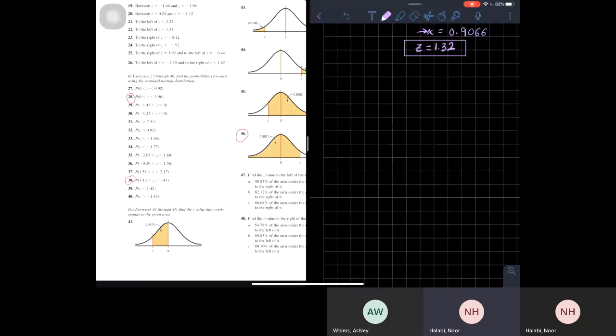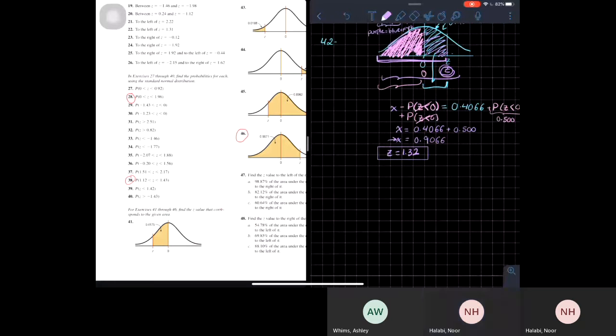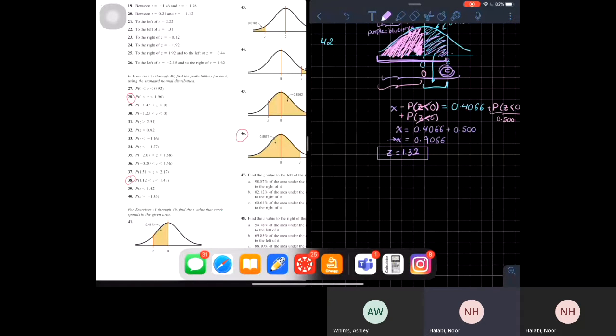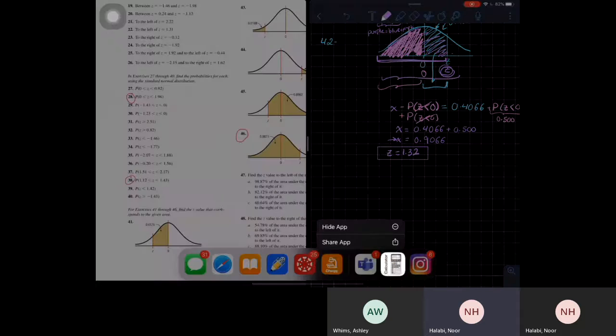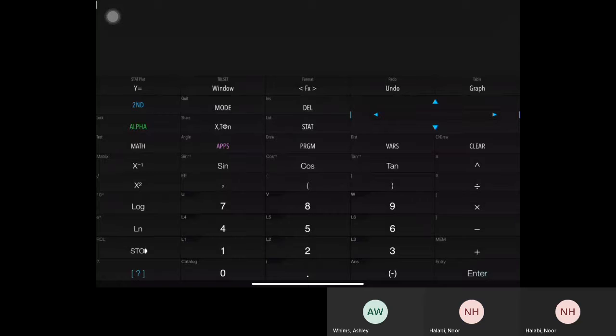But now I'm going to show you guys a different way, which is the calculator way. I don't know if your professors might want you to use it to check your work or something, but we can do this using our calculator. The way we do it is something called an inverse norm.